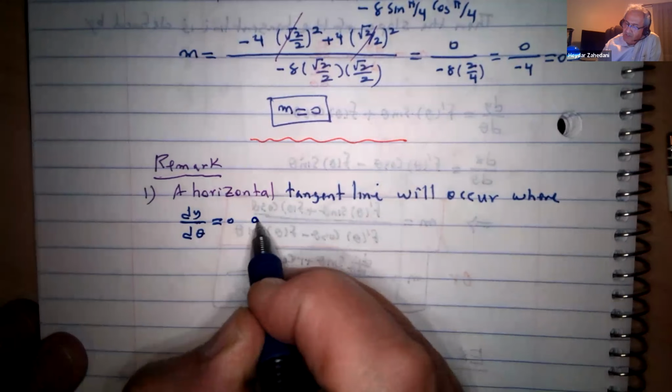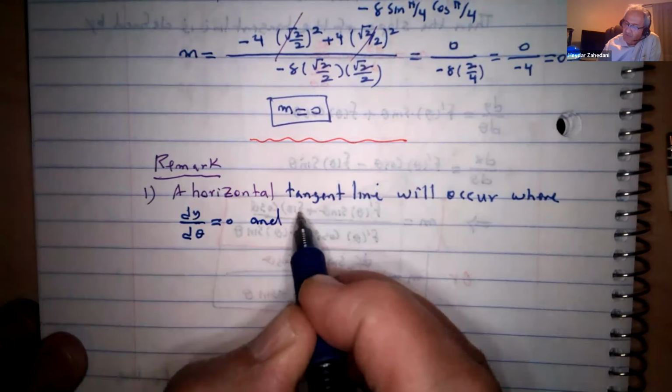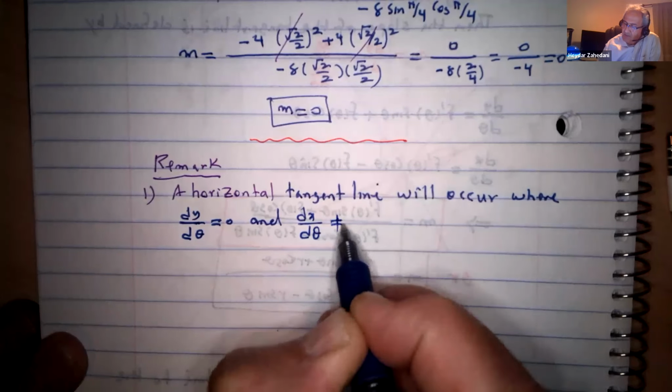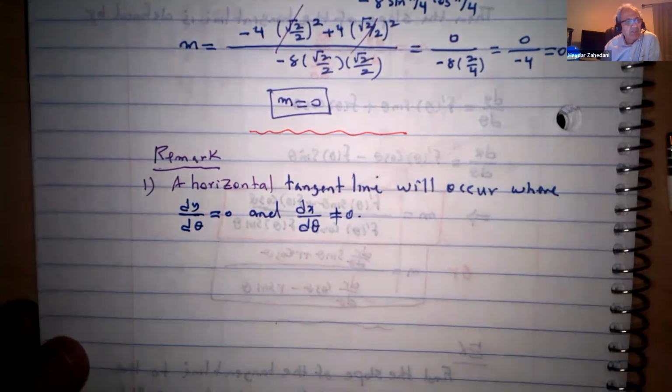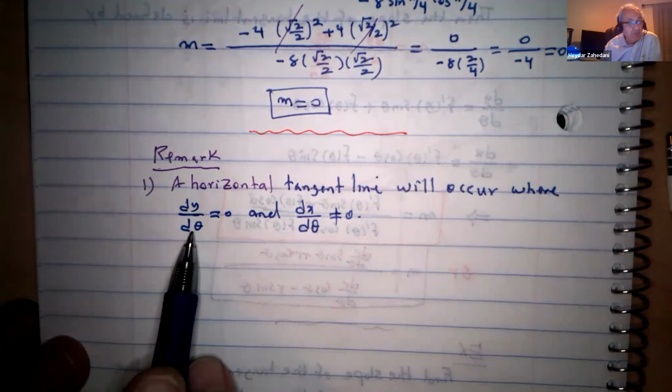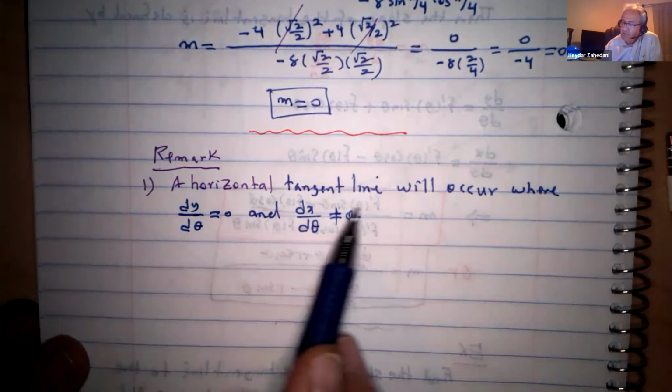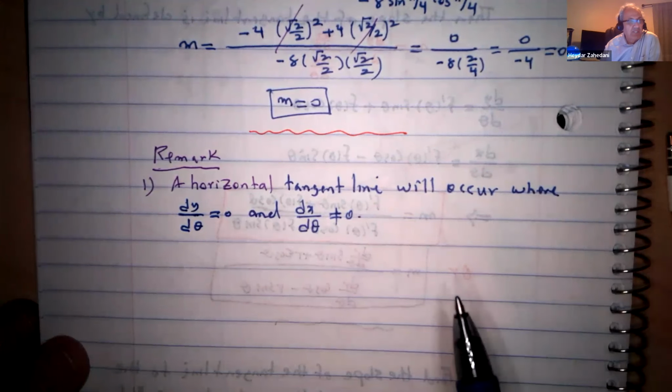But you must make sure that the denominator of that formula, dx/dθ, is not equal to 0. Because the top of the fraction would be 0, so the slope would be 0. When the slope is 0, the tangent line is going to be horizontal.